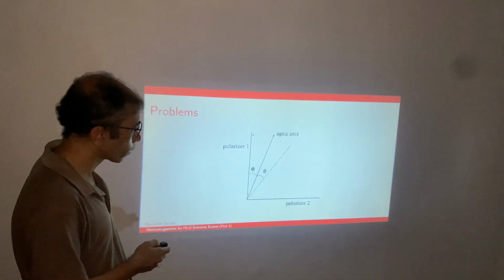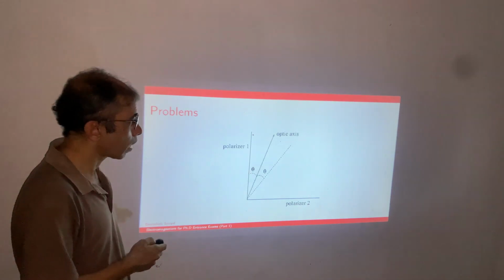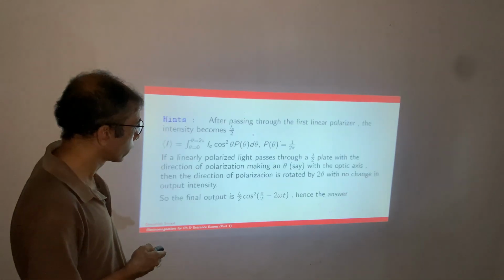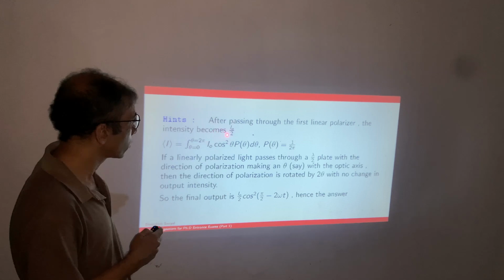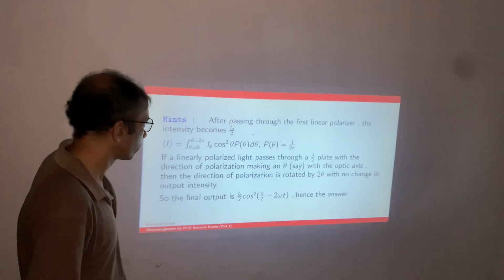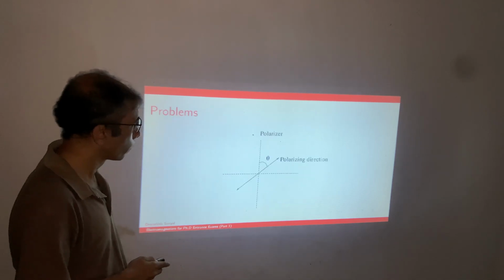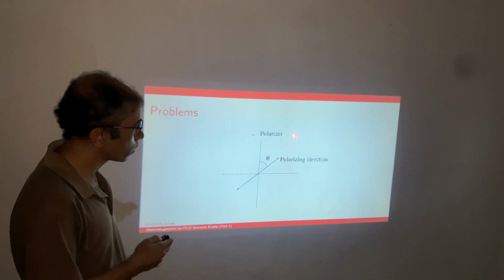First thing is, if the incident intensity is I0 and the light is unpolarized, then after passing through the first linear polarizer, the intensity becomes I0 by 2. What is the logic of this?